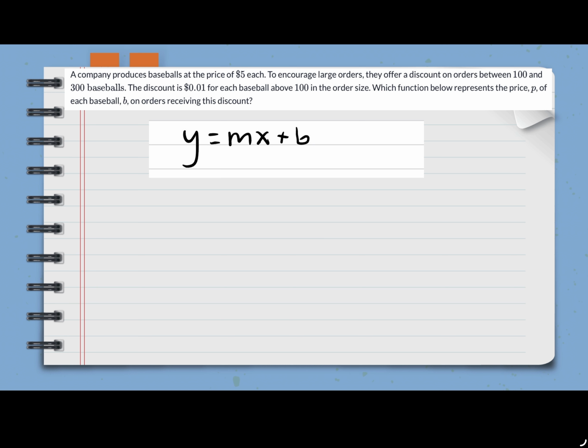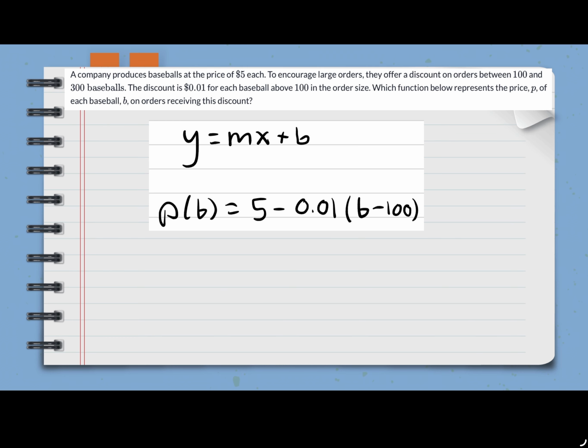So we're looking at the price of 5 dollars per baseball, and we're trying to figure out how much discount per baseball. And to do that, you have to do 5 minus 0.01 times B minus 100. And that minus 100 is from the 101 baseballs you have to order in order to get that cent discount.